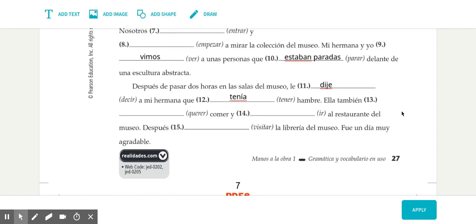Ella también querer. Well, now with querer, remember, the different past tense changes the meaning, right? Quiso or quisieron, quise means try to. Did she try to eat or did she want to eat? She wanted to eat. So I would use quería. You want to use the imperfect here. Quería. And this is also in your book.